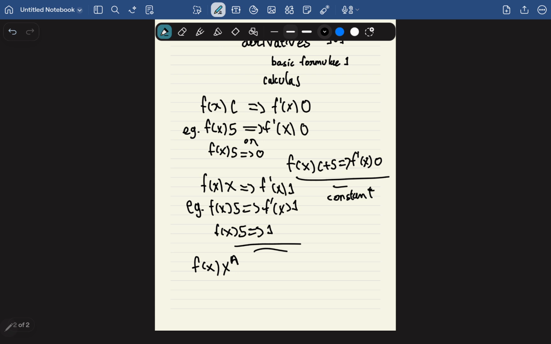The derivative of x to the power of n is n times x to the power of n minus 1. This is pretty important, so remember this.